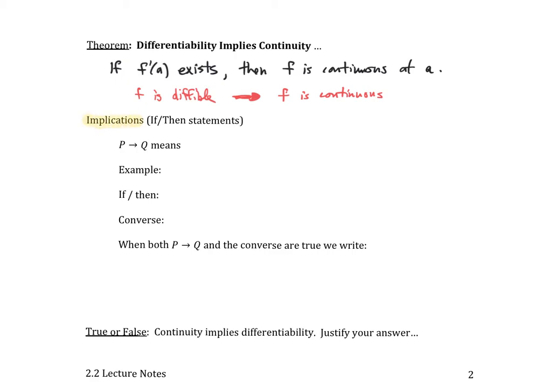I want to talk about this a little bit because we want to talk about something else related to this. So when we write P implies Q, what this means is if P is true, then Q is true.